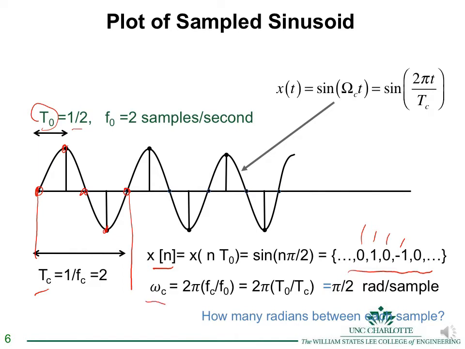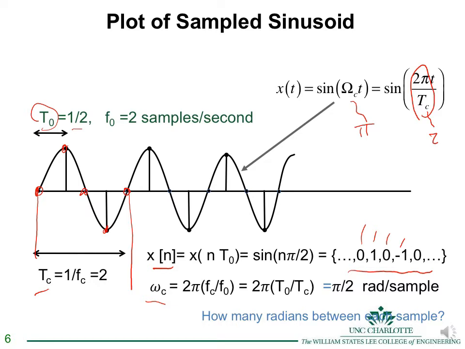The discrete time frequency, again, we can derive in a number of ways. I think the initial method, so let's double check this. First of all, what is omega c? Well, it's 2 pi over the carrier period, which is 2 seconds. And so omega c must be pi.